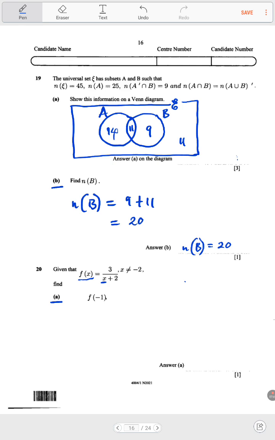So what it means is when x is equal to minus 1, what will be the value of this function, right? So here I'm going to write that function. Where there is x, you're going to put minus 1. So here we say 3 over, and in the place of x you write minus 1 plus 2, and here you're going to have 3 over 1, because minus 1 plus 2 is equal to 1, and your final answer is going to be 3.